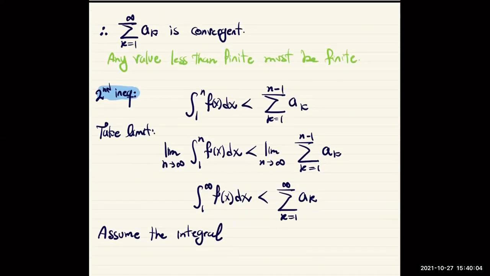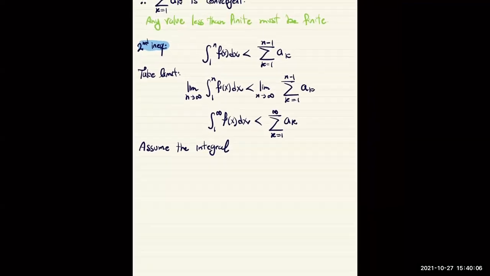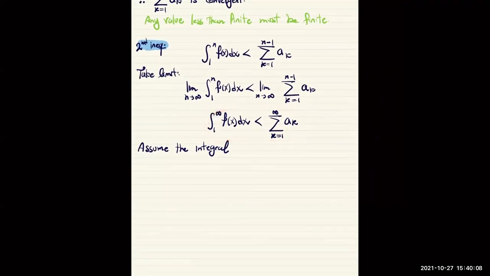Okay, but taking this inequality and assuming divergence is going to show that the series is divergent also. So assume the integral diverges, which means that the integral from 1 to infinity of f of x is equal to infinity.